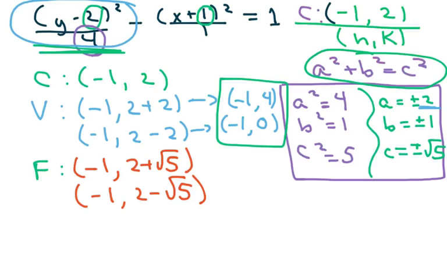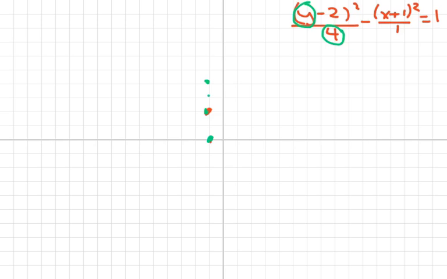And we already did it here, but this is just doing it by looking at the equation. And on my x, I'm starting from my center, and the square root of 1 is 1, so I'm going over 1, over 1.